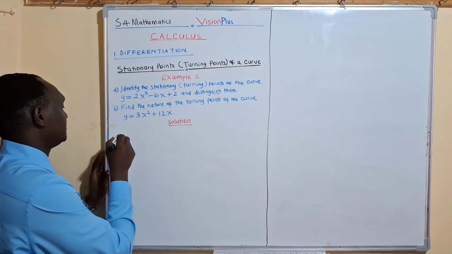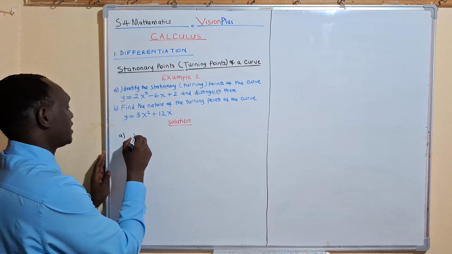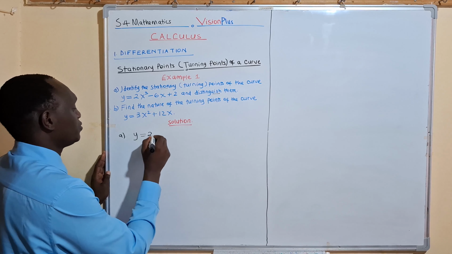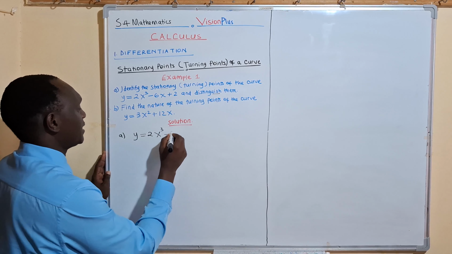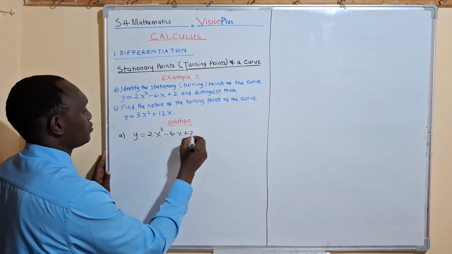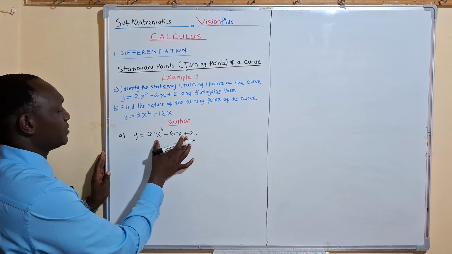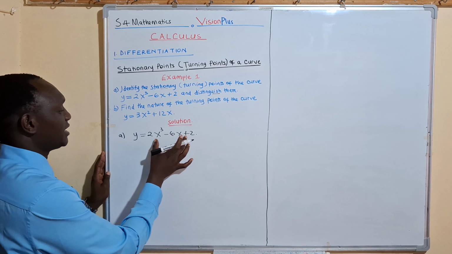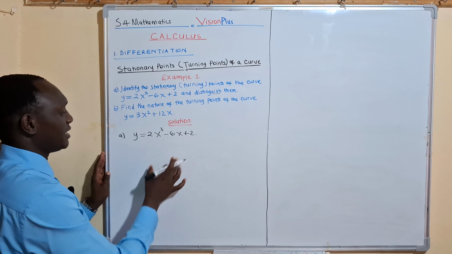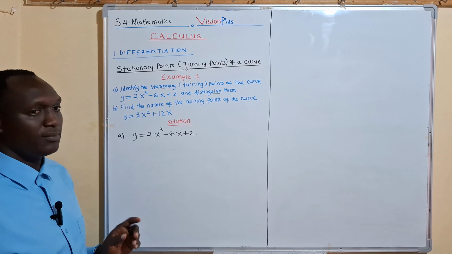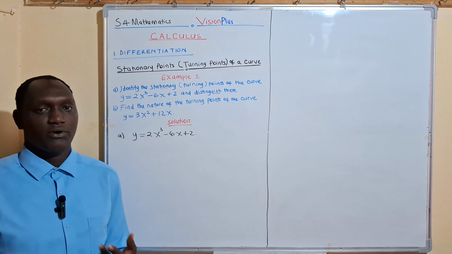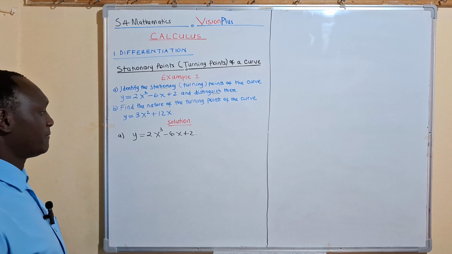So, at A, the curve is given by y equals 2x cubed minus 6x plus 2. This is the curve. So, we need to investigate the turning points of this curve and then we tell whether the point is maximum, minimum, or the point of inflection.